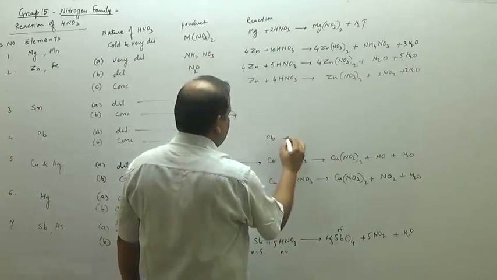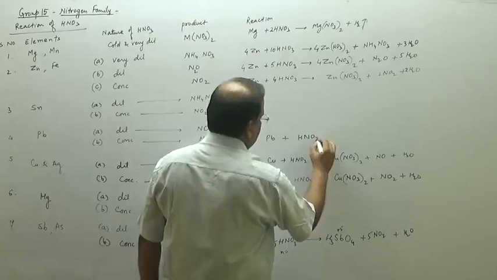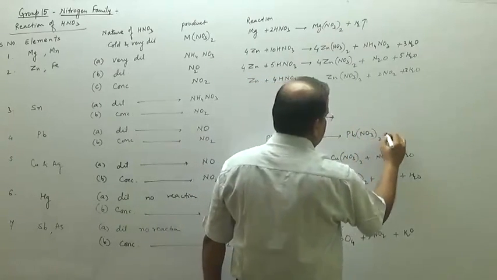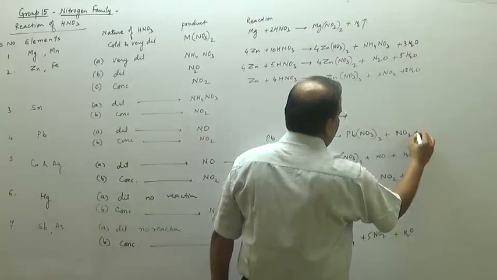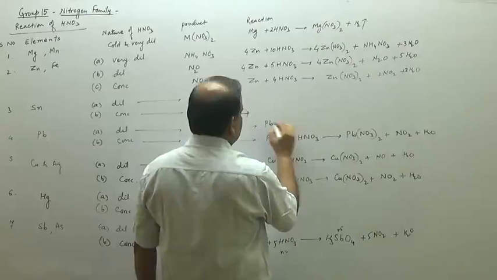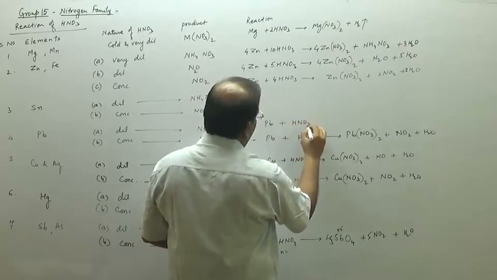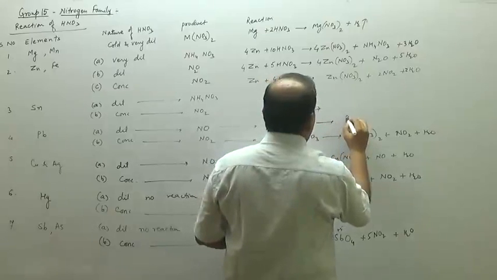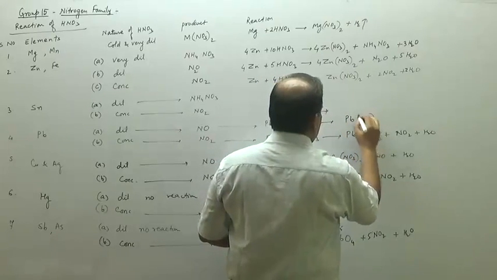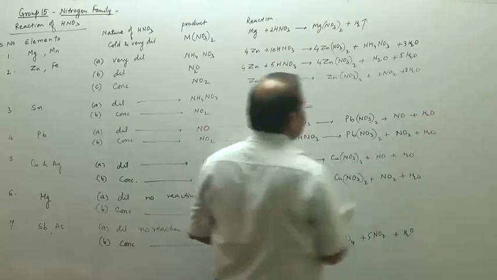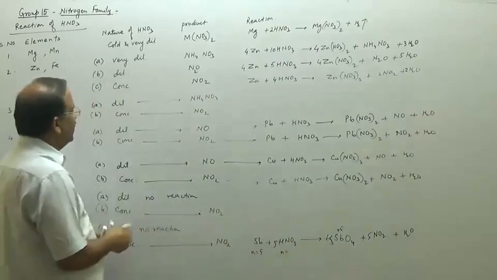So Pb plus HNO3 gives Pb(NO3) whole twice plus NO2 plus H2O, and in the dilute case, Pb plus HNO3 gives Pb(NO3) whole twice plus NO plus H2O. On the basis of redox reaction theory, you are able to balance the reaction.